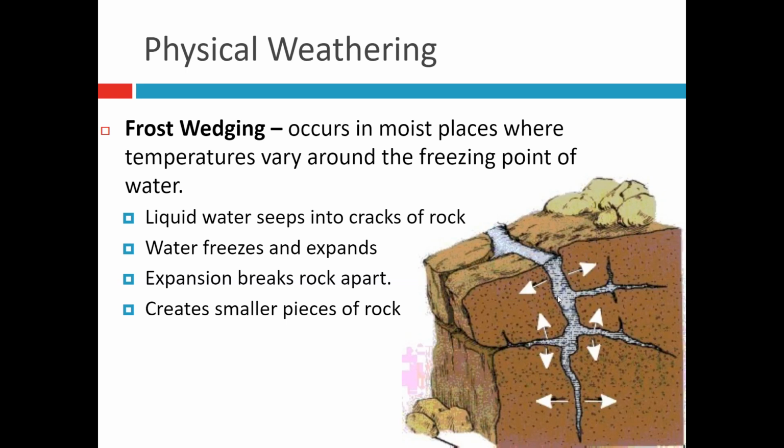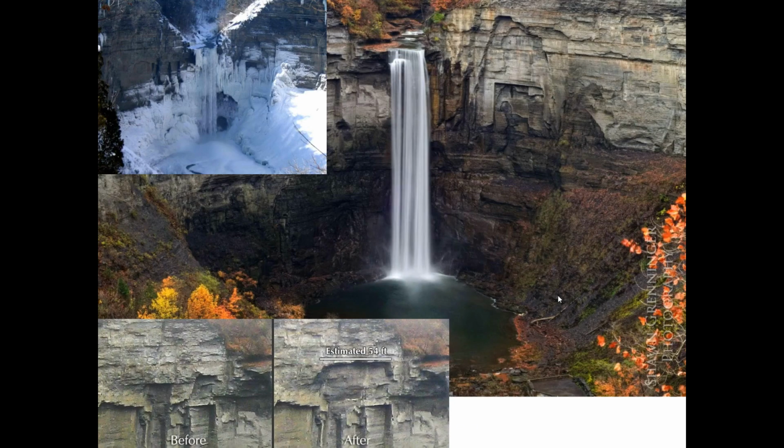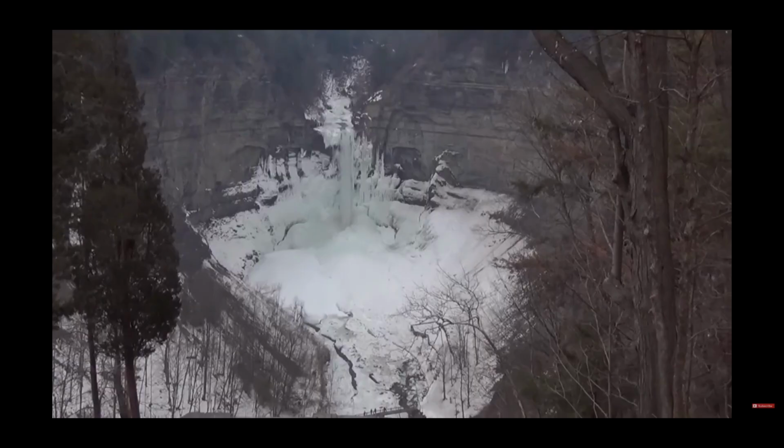The reason we have potholes in our roads is basically because of this process of frost wedging, or it might be called frost action. A great location where this happens pretty regularly is a lot of the gorges around here, like Tiganic Falls. If you've never been to Tiganic Falls, I highly suggest you take a road trip either in the winter or the summer. The summertime's great, but in the winter it looks like this.